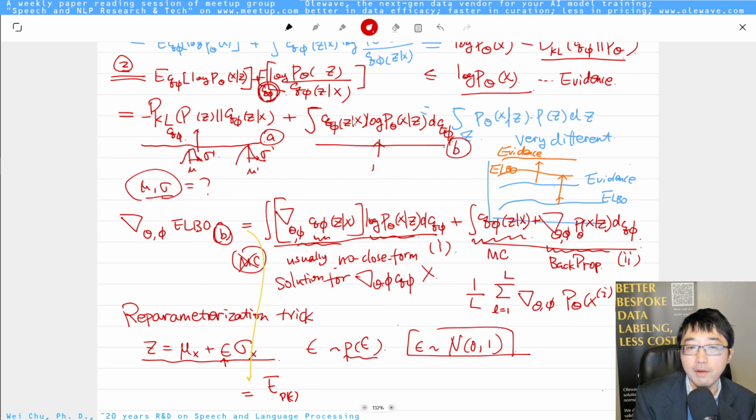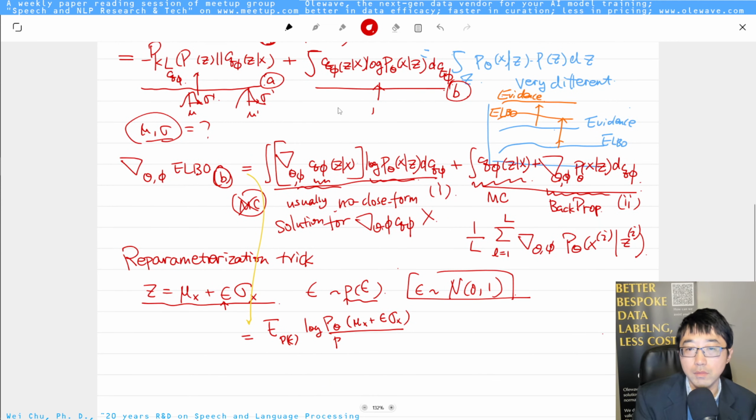And then you will have log P theta of x given z, with mu theta of x plus epsilon sigma theta of x, and then also this one, Q phi of mu x plus epsilon sigma theta x given z. Am I right?